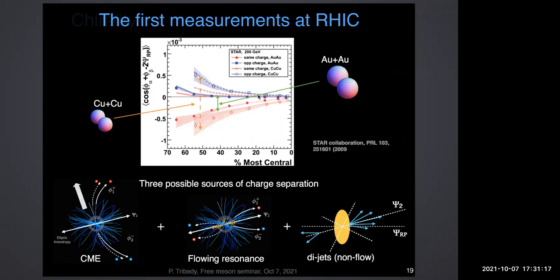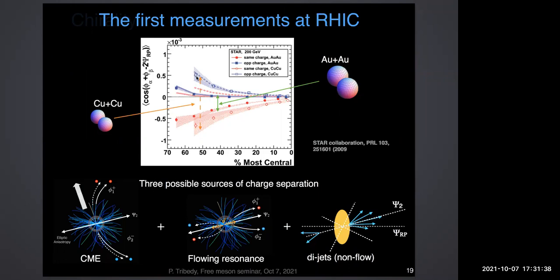Blue open is from copper-copper collisions, which is a relatively small system. And then there is another system, gold-gold, solid blue. The points that are close to or above 0 are for opposite sign.